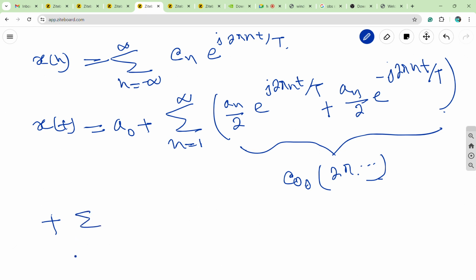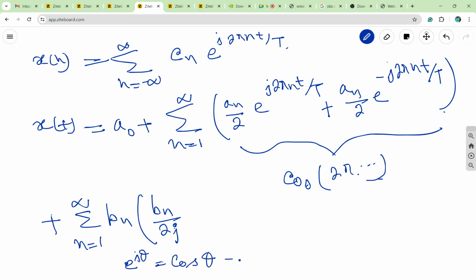The sum from n equal to 1 to infinity of b n, the same sort of thing, but the complex term comes because the Euler equation says e to the power j theta is equal to cos theta plus j sin theta.